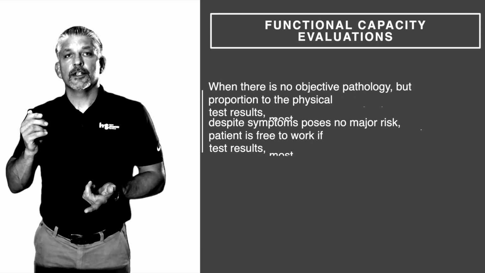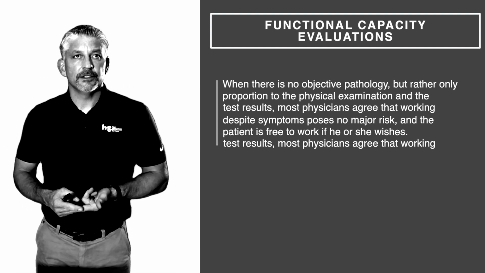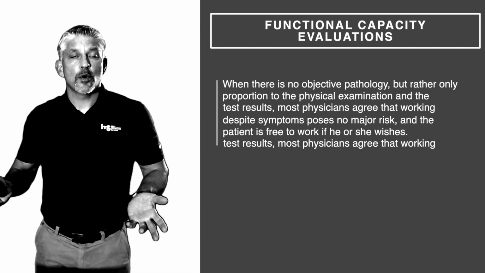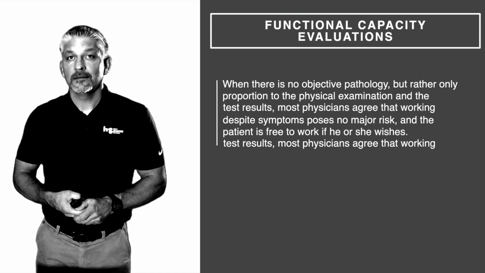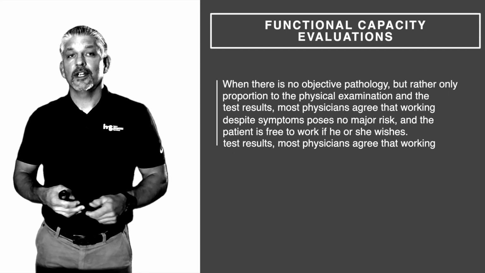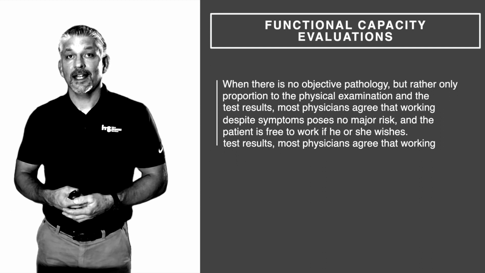When there is no objective pathology, but rather only symptoms, and the symptoms are out of proportion to the physical examination, most physicians agree that working despite symptoms provides no risk.